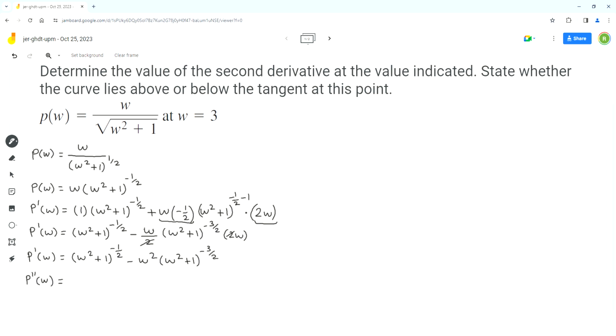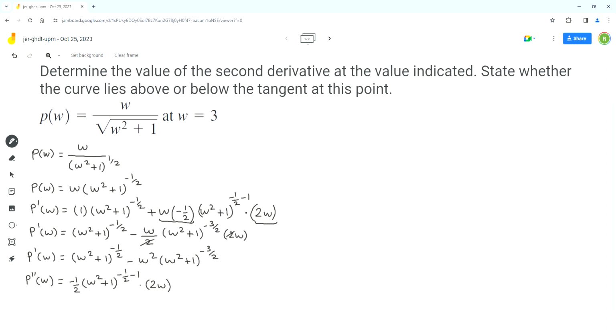As per the power rule, we'll move the exponent negative half to the front, subtract 1 from the exponent, times the derivative of the inner function. The inner function is w squared plus 1, so the derivative is 2w plus 0, but we can ignore the 0.